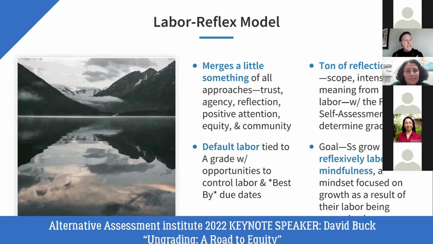So I'm very careful about asking students, what can you tell me, or what conversation can we have to arrive at that final grade? The goal of all of this is that students will reflexively labor with mindfulness. Instead of doing something to punch the clock or punch the ticket to be done, I want them to really focus on their growth and the joy of having their labor recognized.